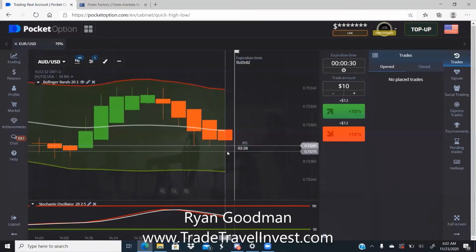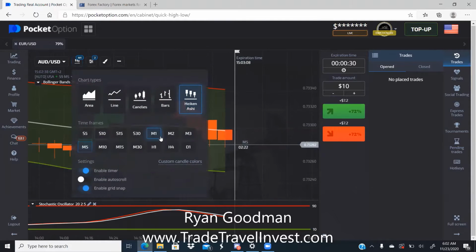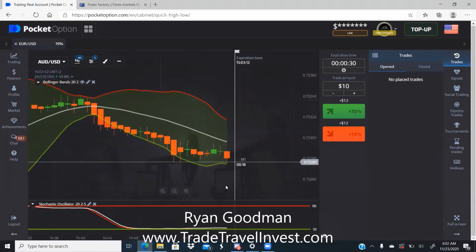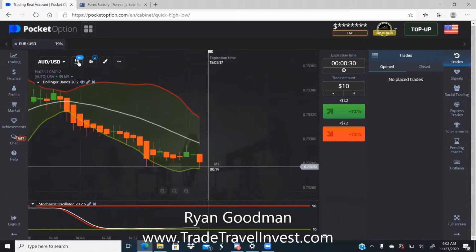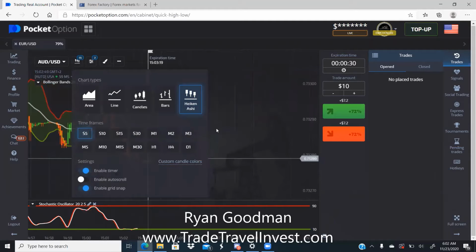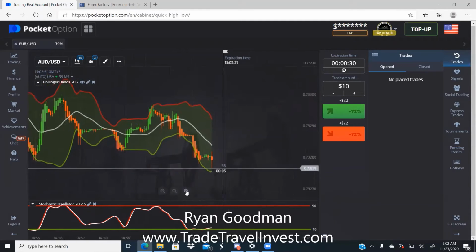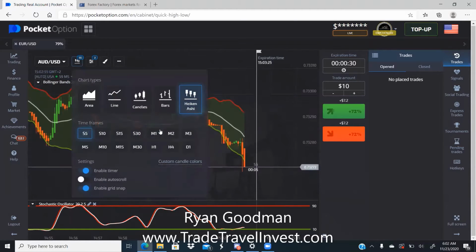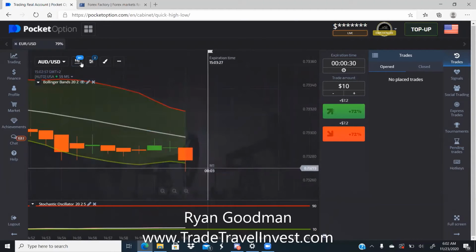You can see all these wicks have shot down to this area right here and resisted it. So it looks like we may potentially see that pull upwards pretty soon here. You can see the same thing on the 1-minute chart. It's been bottoming out right here at this level that it's currently at. Yeah, and it just bounced off of it. All right, so there we go. We just broke that level to the downside. So that shows me that we're probably going to be looking for puts on this one.